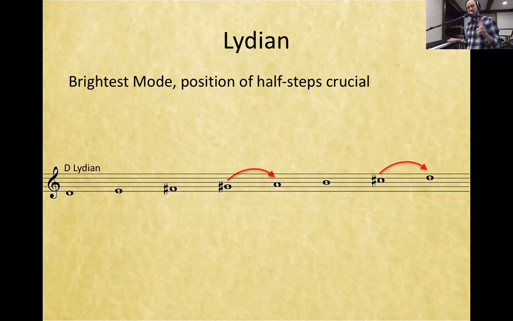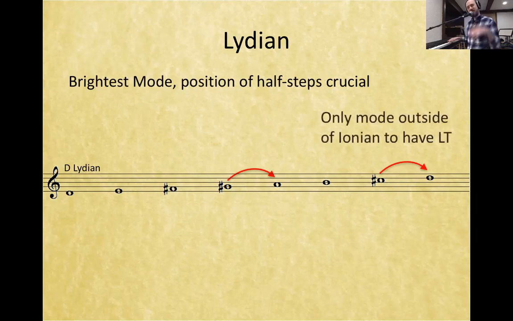And we've got these two really interestingly placed half steps. We've got Fi, Sol. But also, in Lydian, we have a traditional leading tone: Ti, Do, C sharp up to D. And Lydian is the only mode outside of Ionian, which we remember is code for major, to have that traditional leading tone.